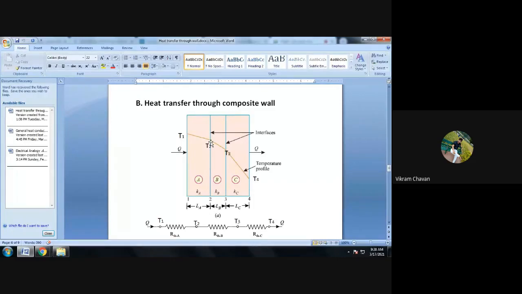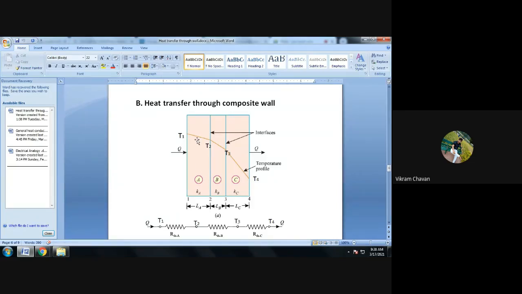Now you are asking whether it is a straight line, as we have discussed in a plane wall. The temperature profile is linear for the plane wall. It is not linear for the composite wall, because in a plane wall the thermal conductivity is constant.